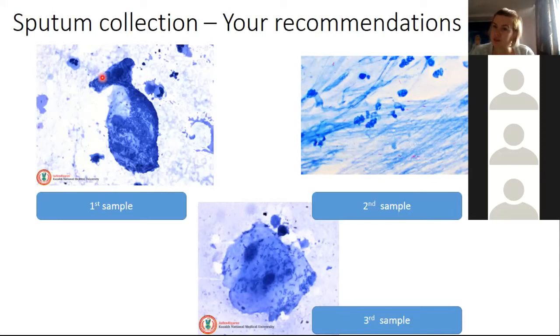Yes, you should differentiate. And what can you say, is this sputum or saliva? Ma'am, the first one is sputum. Why do you think so? Because we can see the colonies.